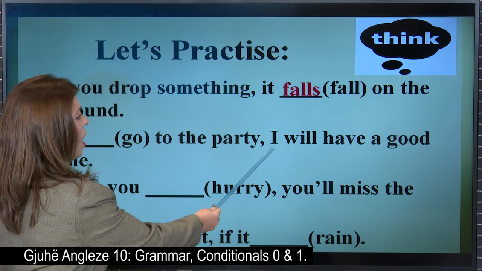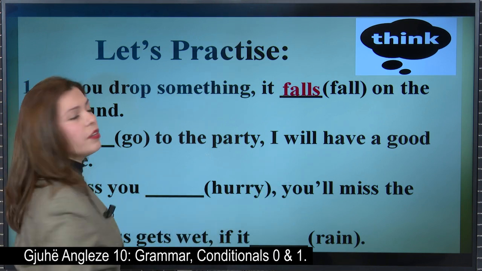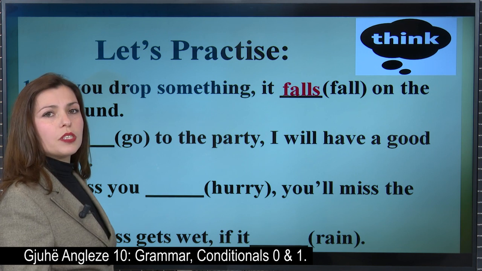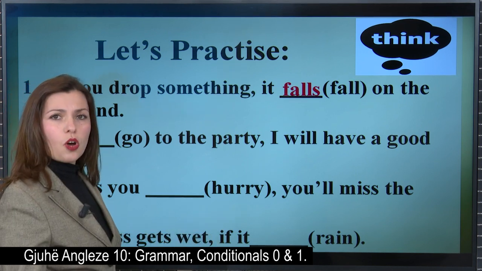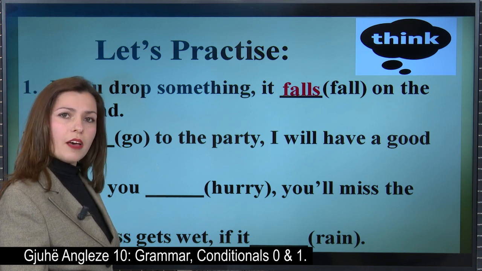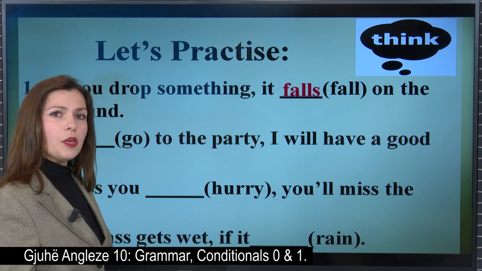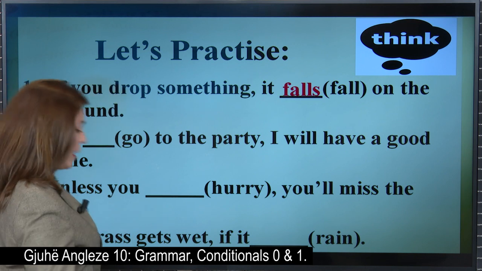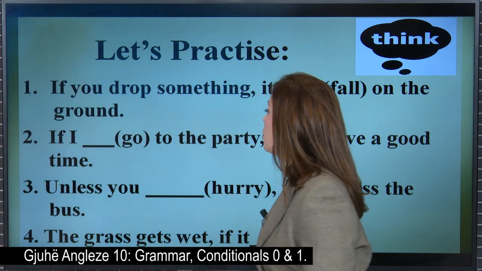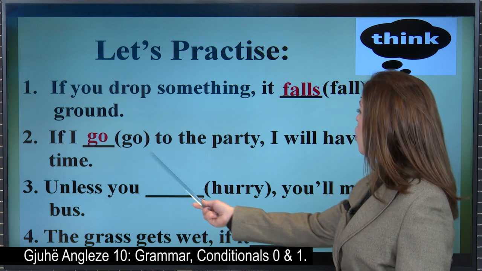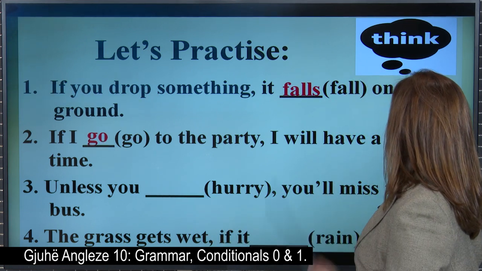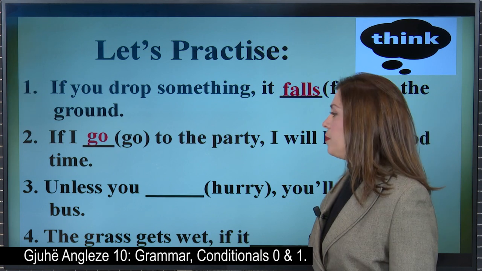Since you have I will have, this is easy for you to understand that this is the first conditional. So, in the first conditional we have if plus present simple. That's why in your verb here you have if I go to the party, I will have a good time.